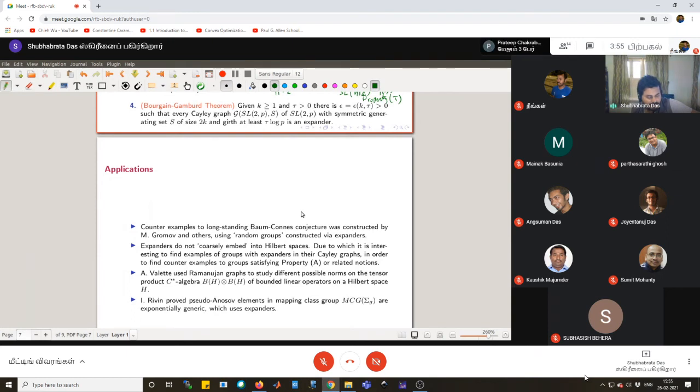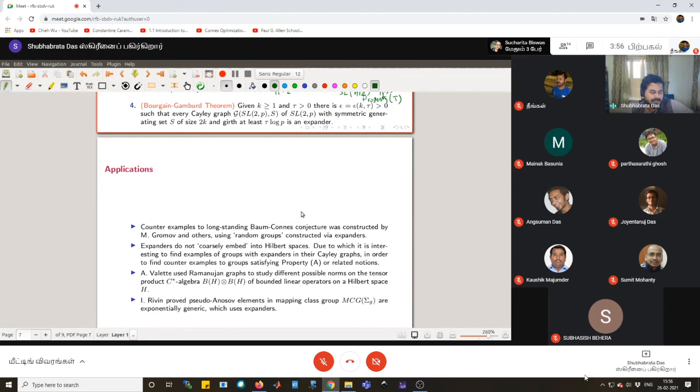I was interested in such groups which have property A, and property A is also closely connected to the Haagerup property or amenability, which are very nice, interesting properties in group and representation theory. So I was interested in such questions.